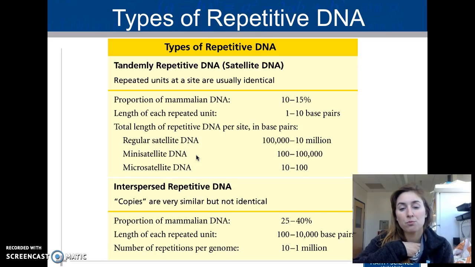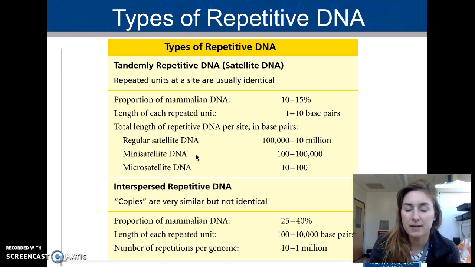There are certain lengths of DNA and RNA that are repetitive. They can be tandemly repetitive, repeated units at a site that are identical. Think about the ends of DNA.